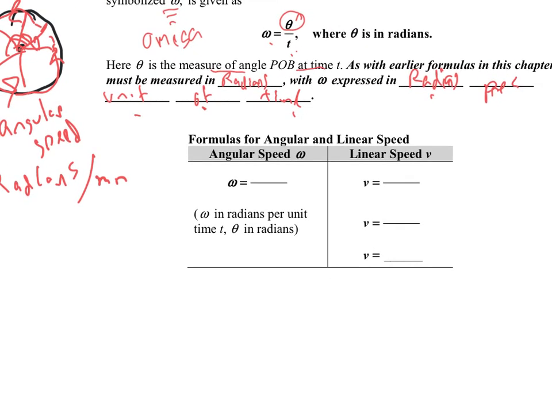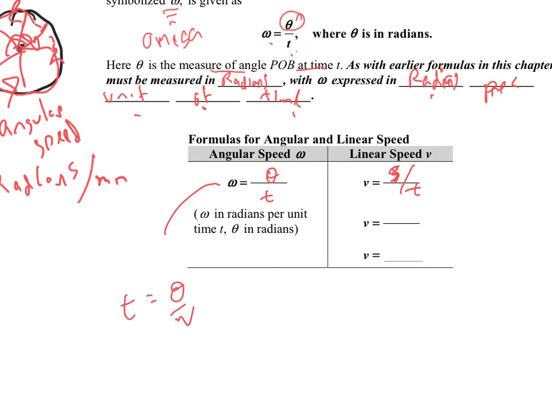Formulas. Omega is theta over time. Velocity started out as the distance around that arc per unit of time. I think what he wants me to do is connect these two things together. If I solve this for time, time is theta over omega.